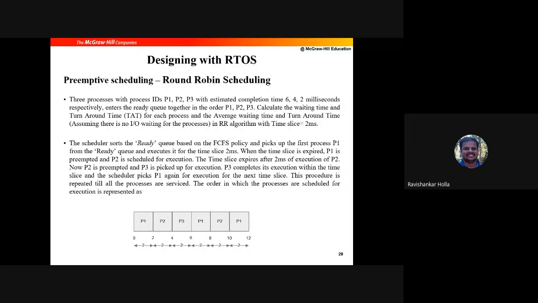Harshit Chopra and Jivita, kindly share your solutions in the WhatsApp group. After we complete the discussion, you can remove the message from the group. Okay, sir.